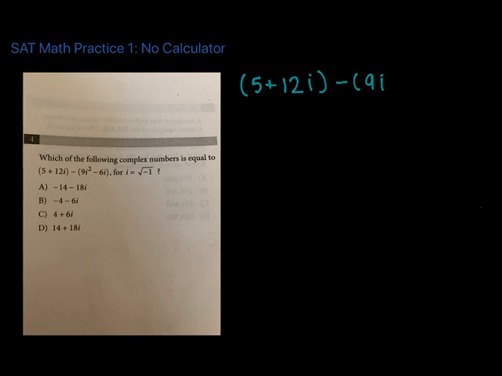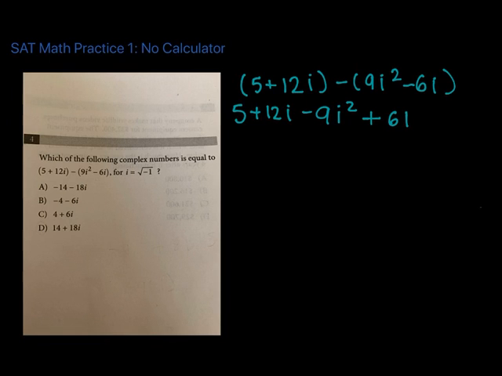Now let's write this out without the parentheses. So we would have 5 plus 12i, and since there's a negative sign, we do negative 9i squared. And since there's a negative sign again, we do negative times a negative, which is a positive. So using the distributive method, it would be plus 6i.